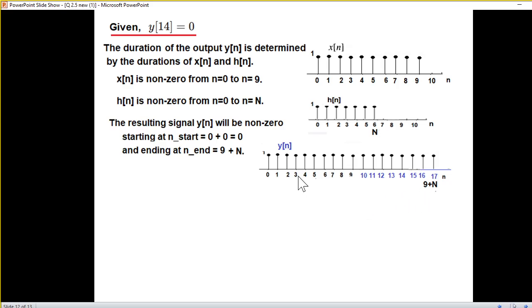Now remember, this is arbitrary. We have selected just assuming any value of n. Now we come to the conclusion that the non-zero region for yn has to be from 0 to 9 plus n.